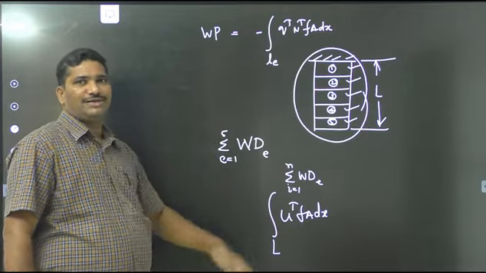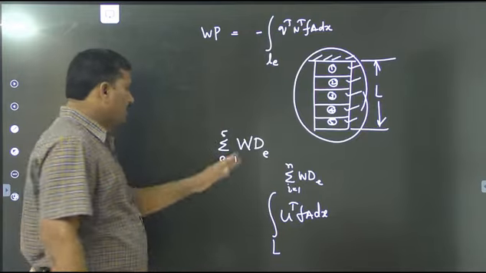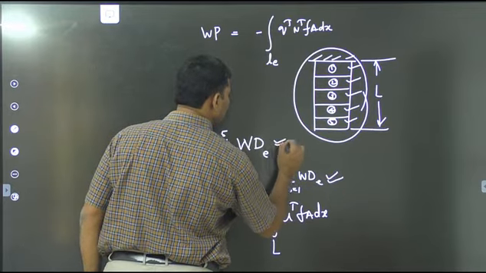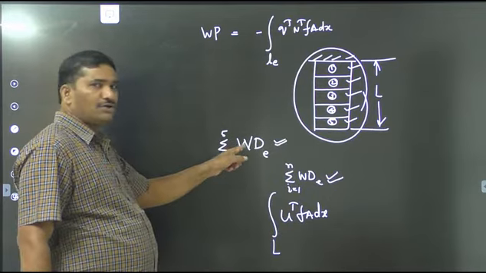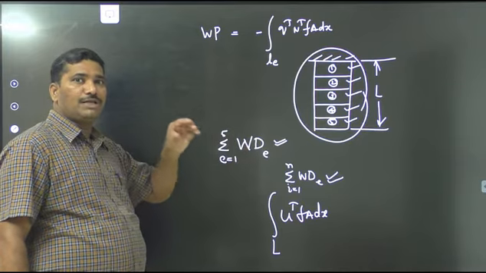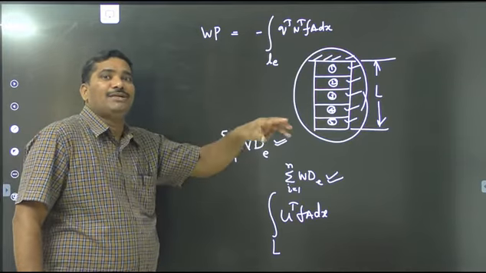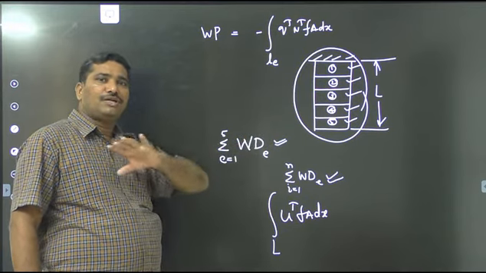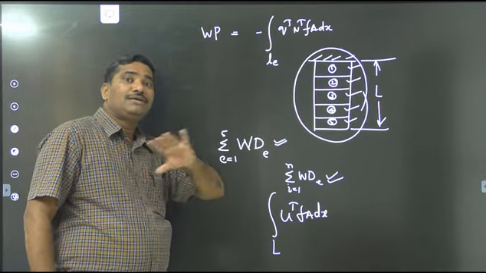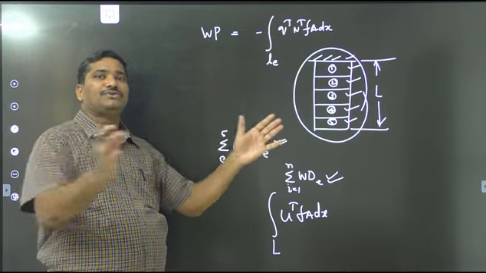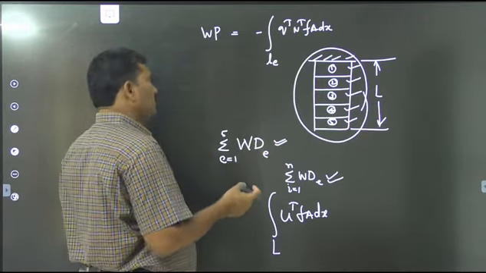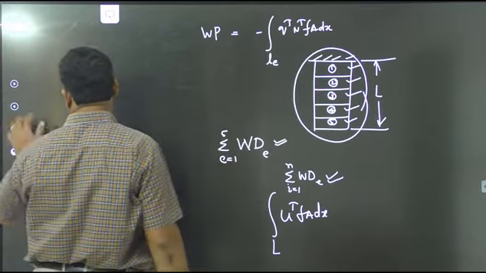Or you can write it the other way. When you write like this, you have to determine the work done by the body force of each element. If there are 5 elements, for all 5 elements you determine work done by the body forces. Then you sum up, and you get work done by the body force of the entire solid.